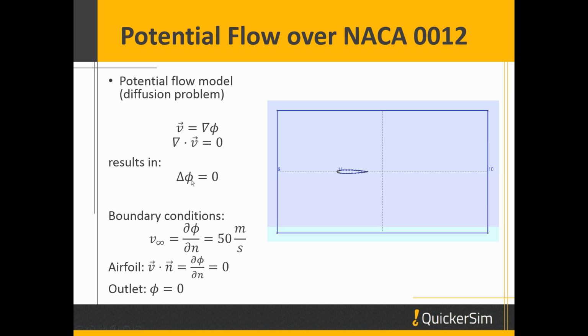For the proper boundary conditions, if you want to have the flow coming from this direction, you need to specify a Neumann boundary here with the Neumann condition for phi, and let me say this will be 50 meters per second.